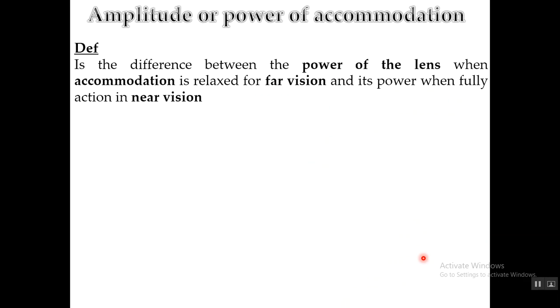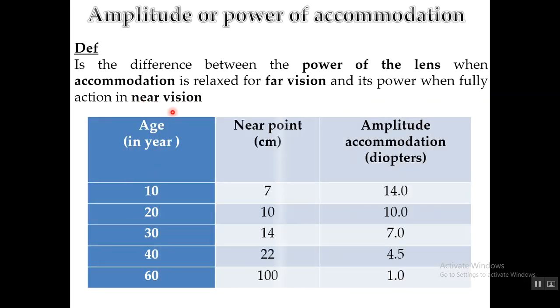Power of accommodation means the difference between the power of the lens when the accommodation is relaxed during far vision, and its power with full accommodation during near vision. At the age of 10 years, the near point is 7 centimeters, and the amplitude of accommodation is about 14 diopters.